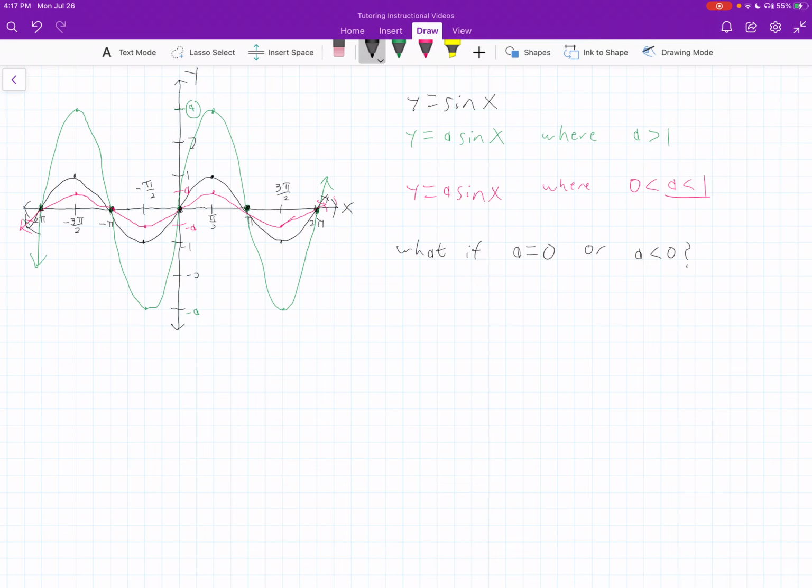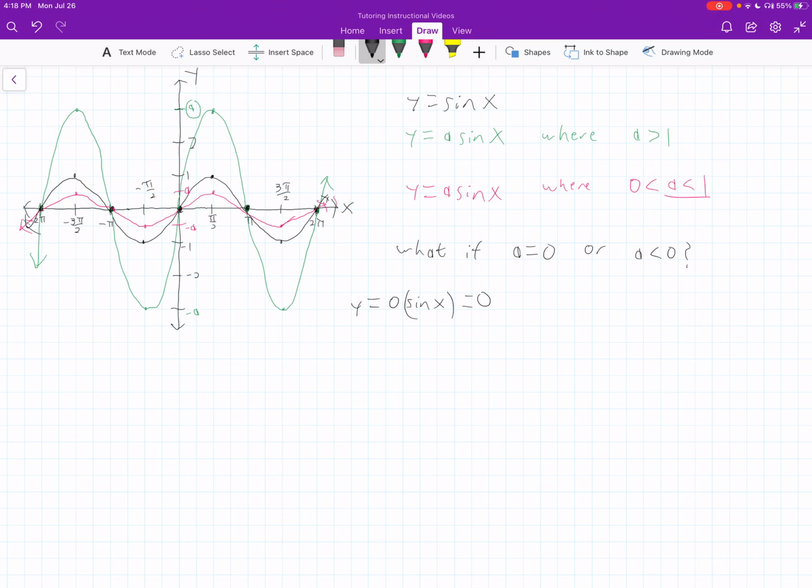So, what do you think would happen if I had, let's try it, y equals 0 times sine x. Well, what's 0 times any real number? We know sine x goes from -1 to 1, so sine x is always a real number. What's 0 times any real number? 0.